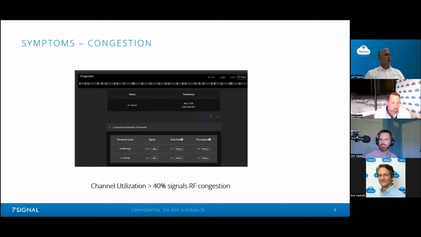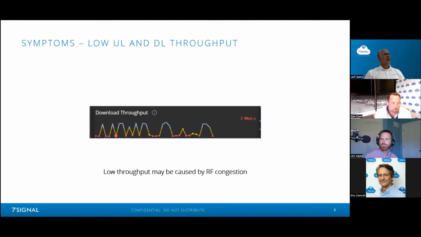Again, the 40% number is a concern around channel utilization being greater than 40%. And here, I just wanted to include a little snippet, and hopefully I increased the size of it enough that you can see there's points where this particular device actually had great throughput. That's blue. There's points where throughput for this device started to slow down.